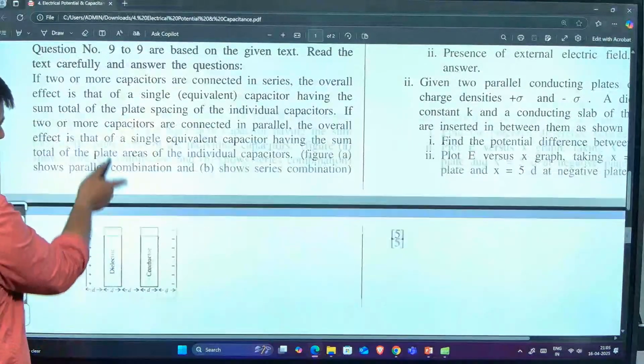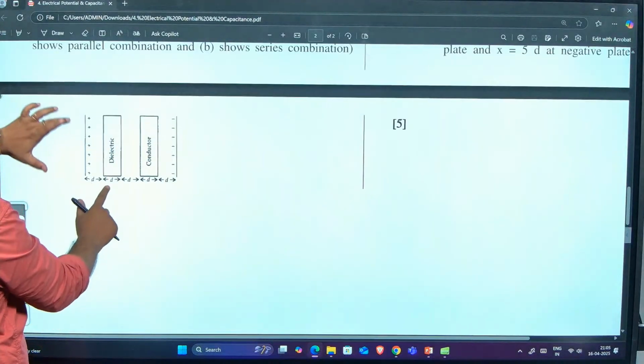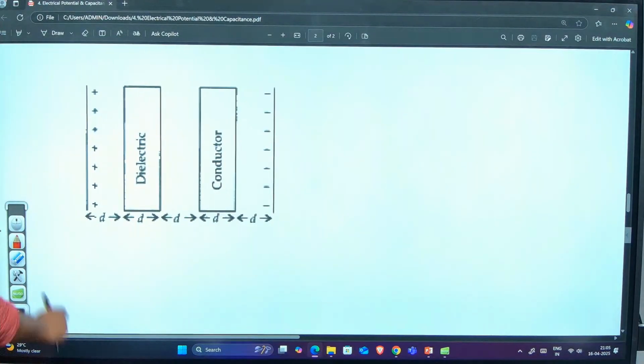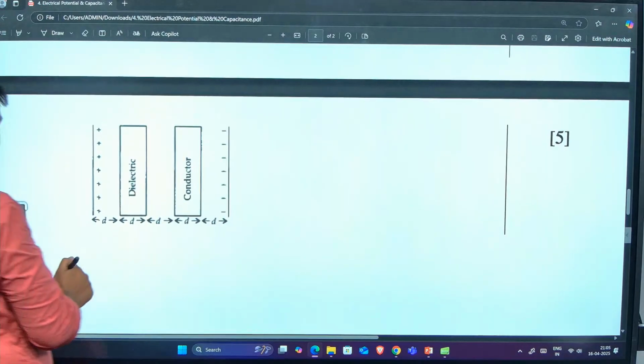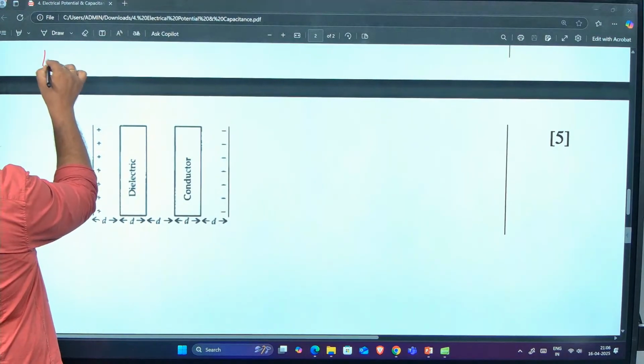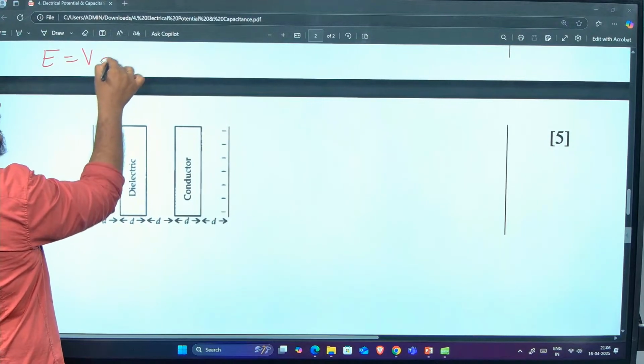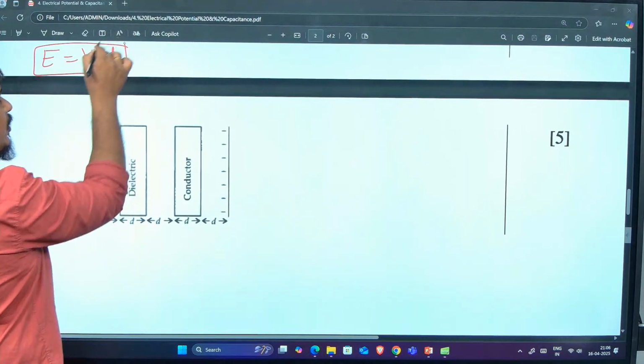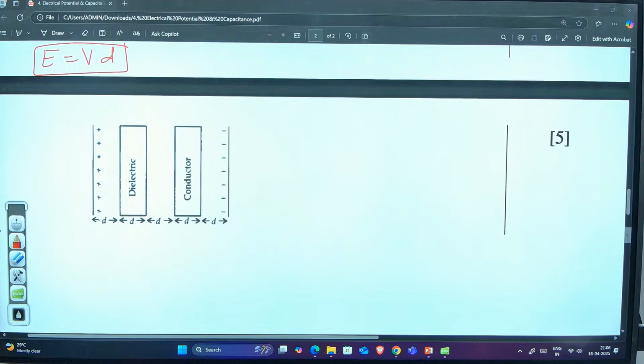Please pay attention. You know very well that electric field is what? They are asking to find potential.